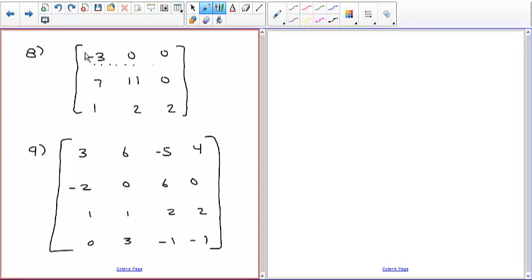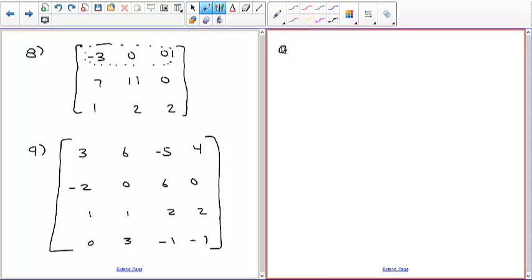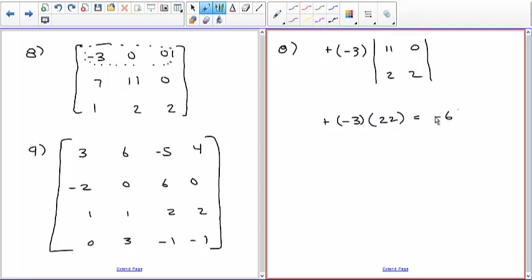So for number 8, it's plus, minus, plus, minus. So this is plus. So we're going to have plus a negative 3, and then you cross out the row and the column, and you end up with 11, 0, 2, 2, and the other two are zeros, so we don't even have to worry about that. So we get plus a negative 3 times 11 times 2, which is 22, plus 0, minus 0, so you get negative 66.